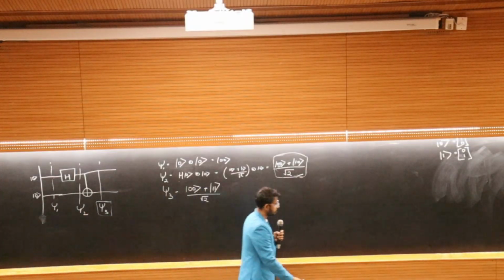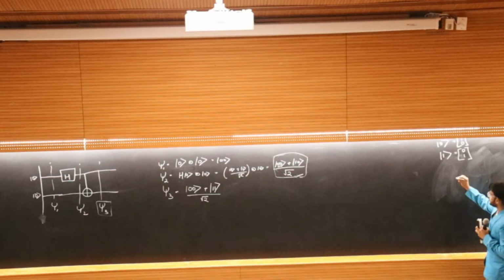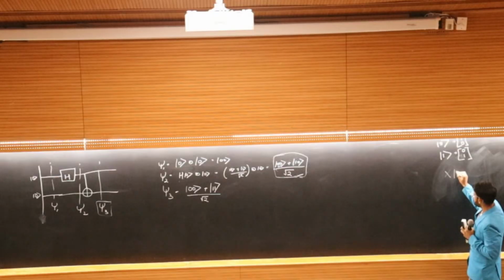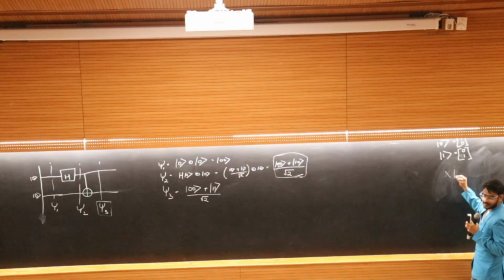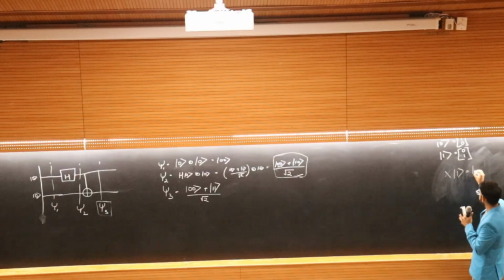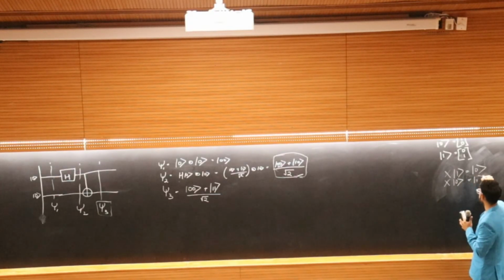So let's try to introduce one more gate here. This is called the Pauli X gate, and what the Pauli X gate does is, if you apply it on 1, it changes to 0, and if you apply it on 0, it changes to 1.